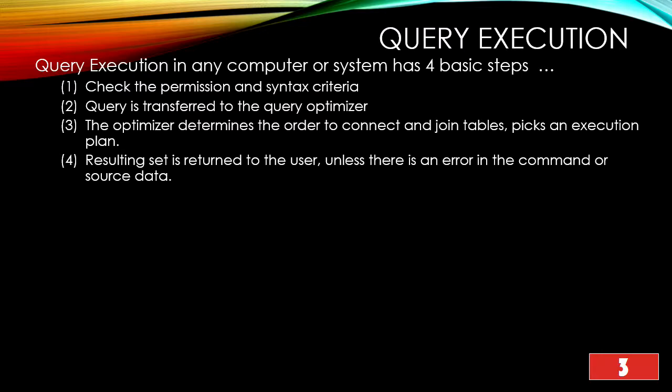The optimizer also determines the order in which to connect the tables and picks the execution plan. Number 3 is a very technical step which the user doesn't need to be involved in. It's all automated. The resulting set is then returned to the user, unless, of course, the query command has some sort of error or there's some sort of problem with the source data.